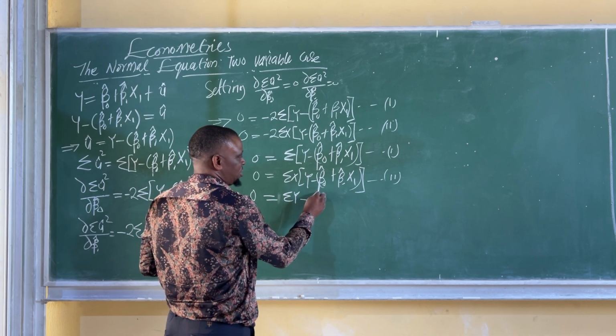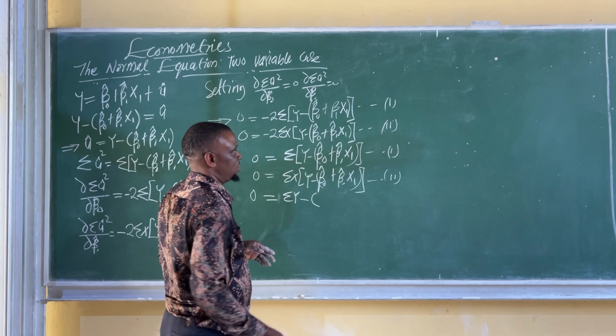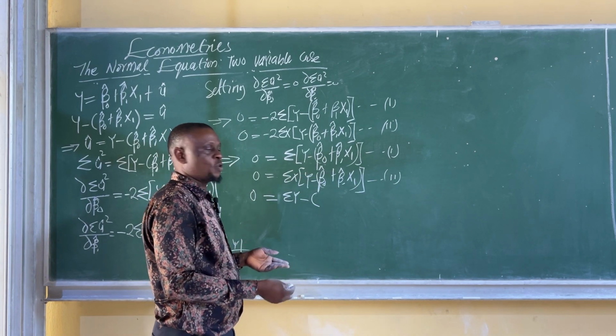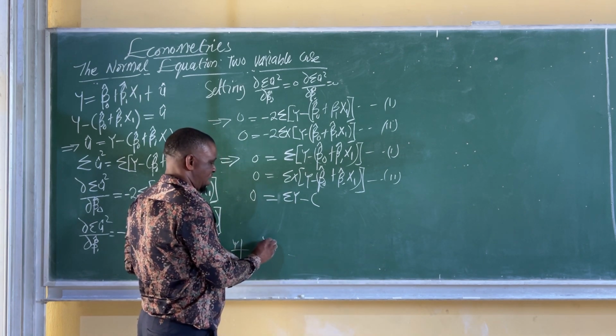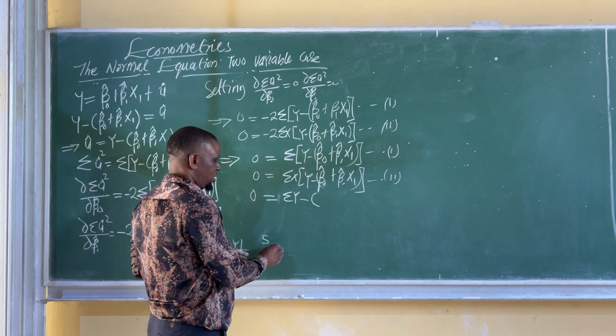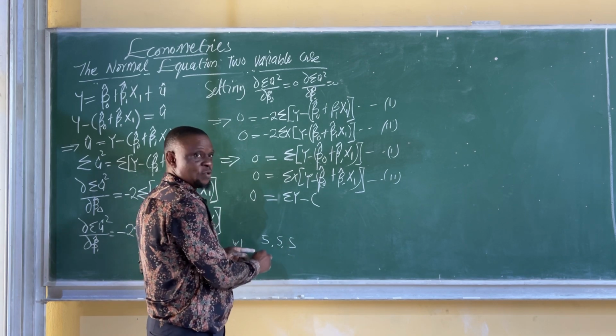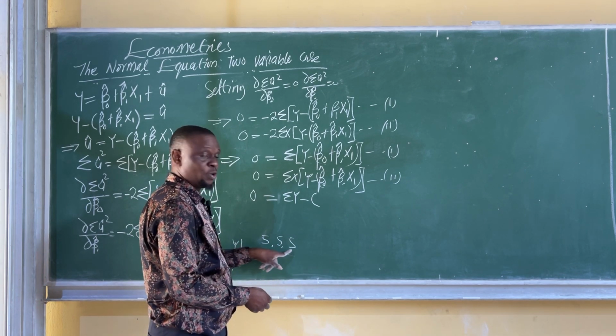Now minus, let's maintain this inner bracket. This is a constant. If you are summing a constant, assume you have something like 5, and you have 5 three times, the sum will be 5 plus 5 plus 5.